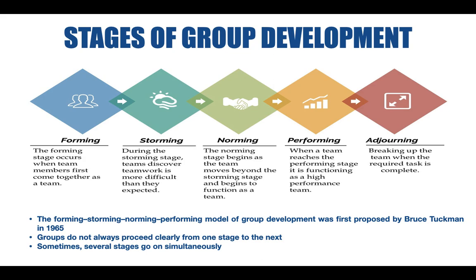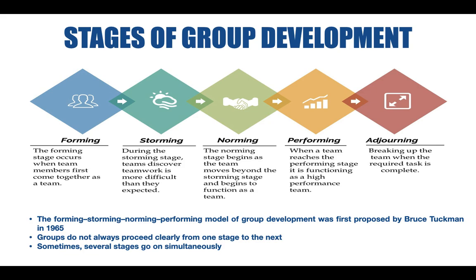Later on, the process of adjourning was also added to this model. The things to remember in this group development model are that groups do not always proceed clearly from one stage to another, and secondly, sometimes the stages overlap. They are not individual stages, but some stages go simultaneously with each other.